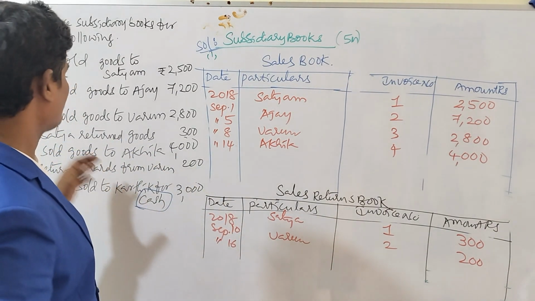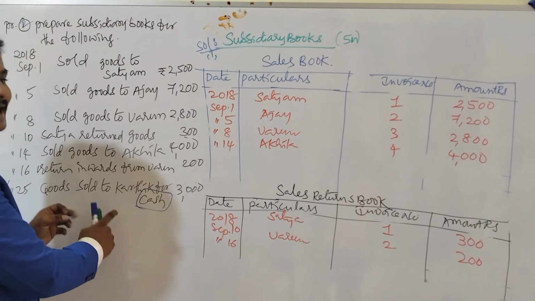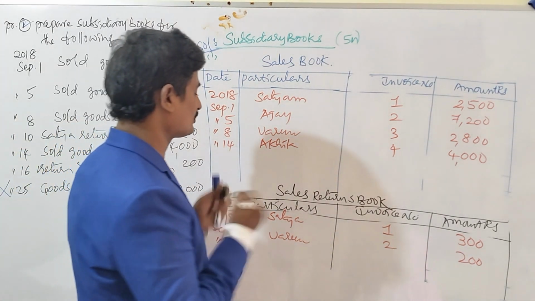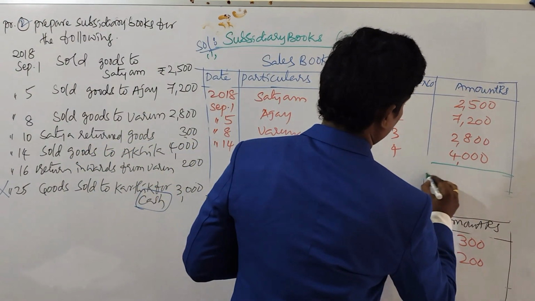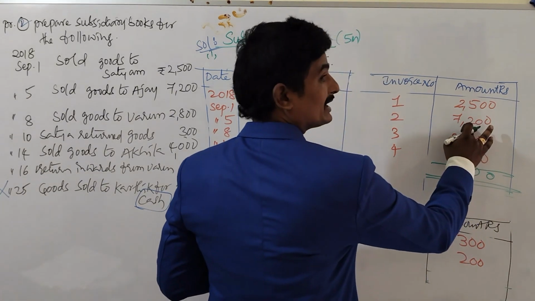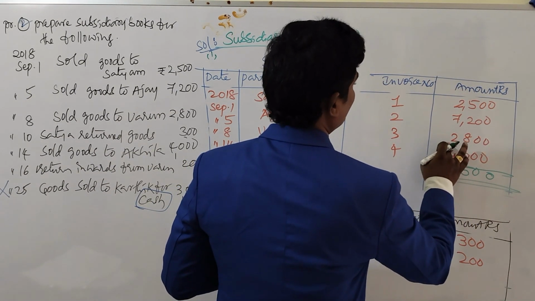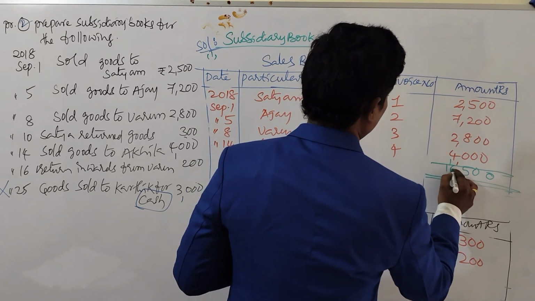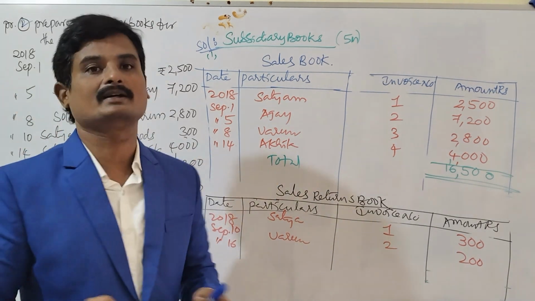Okay, we have to avoid this transaction as it is a cash transaction, so no need to write this. Close the account here itself, and the total is 16,500.